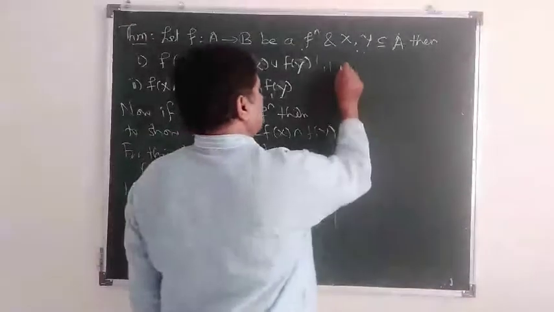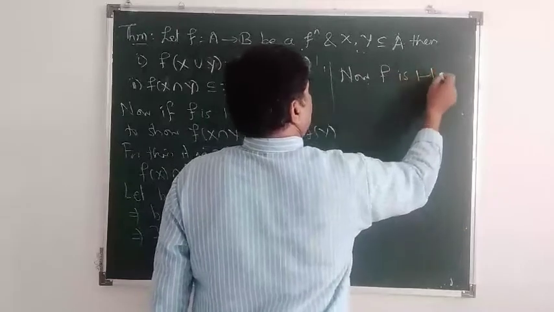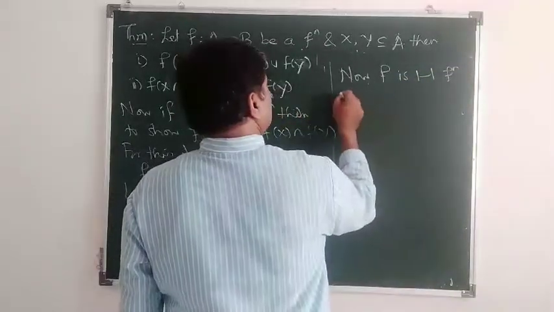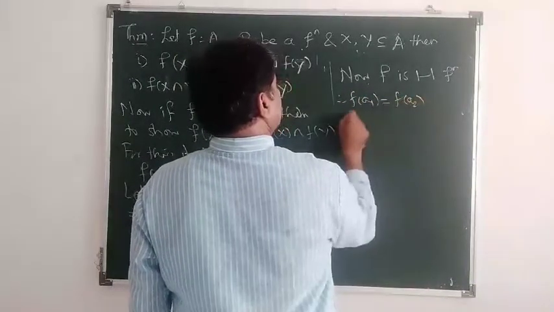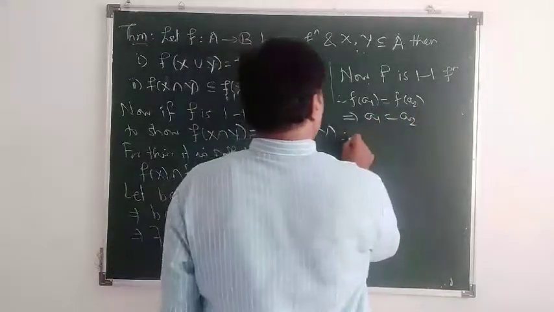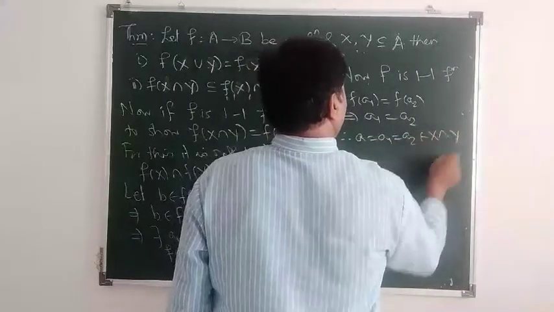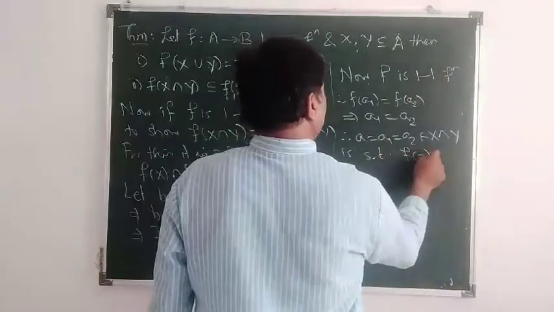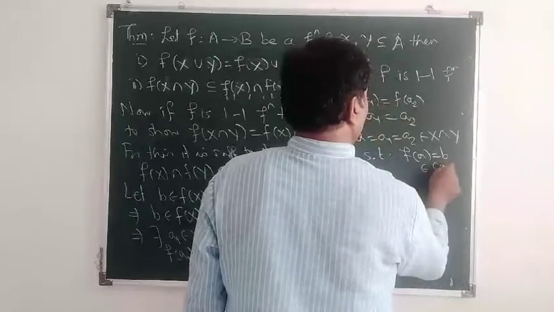Now f is 1-1 function, therefore f of a1 equal to f of a2 implies a1 is equal to a2, and therefore a equal to a1 equal to a2 belongs to x intersection y is such that f of a is equal to b, which belongs to f of x intersection y.